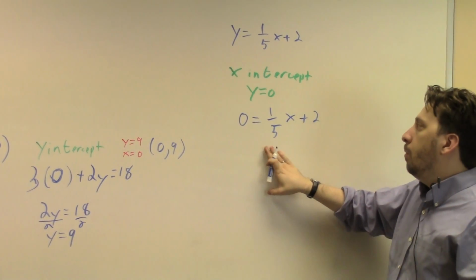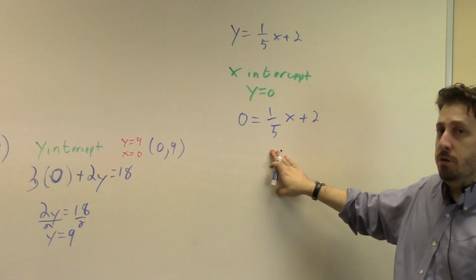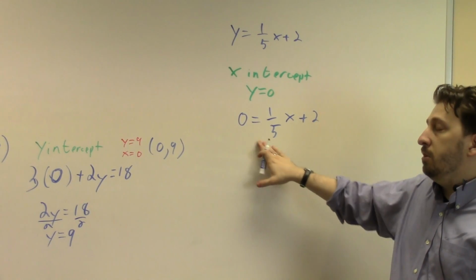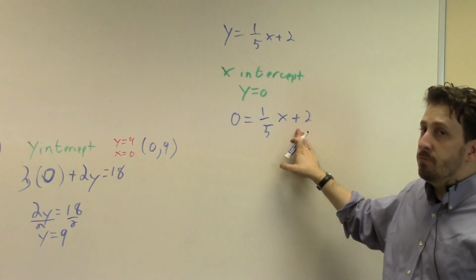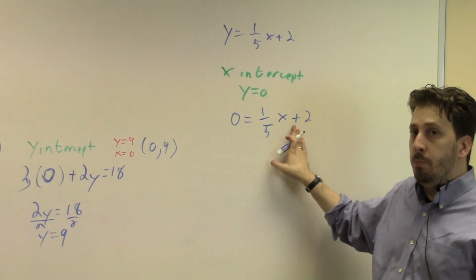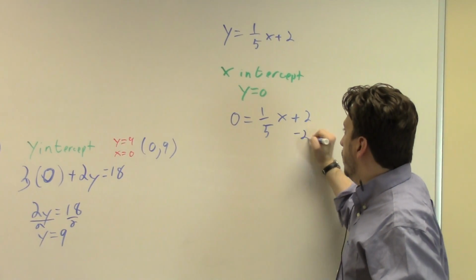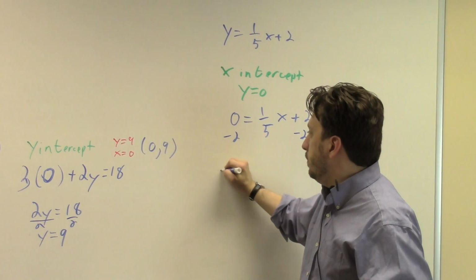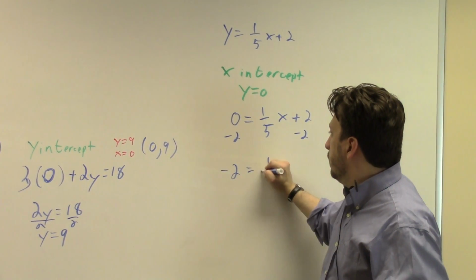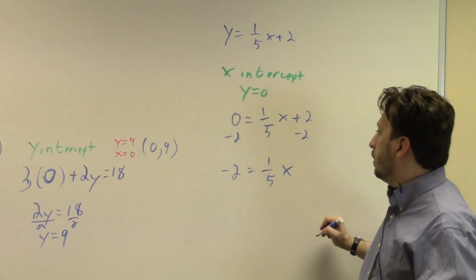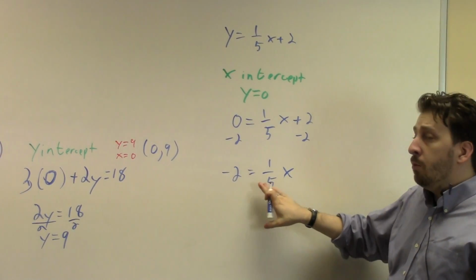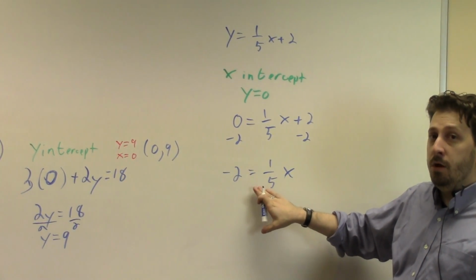All right, now what we need to do is we need to solve for x. So we're going to treat this like a standard linear equation, and we're going to subtract 2 from both sides. We need to get the x term by itself first. Our next step is I want to get rid of that fraction on my x term.